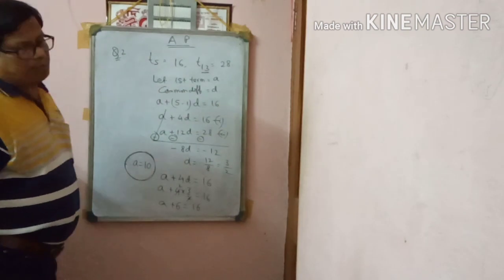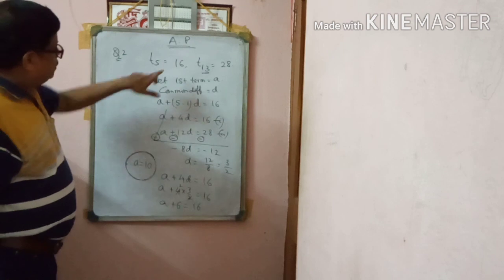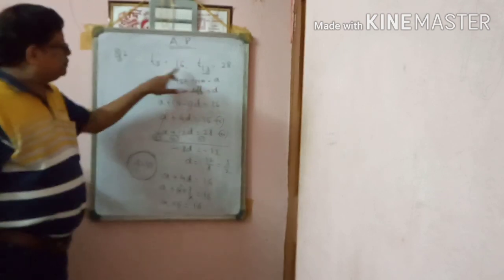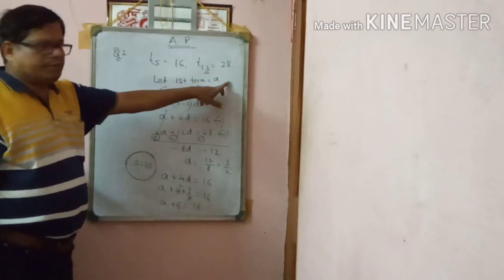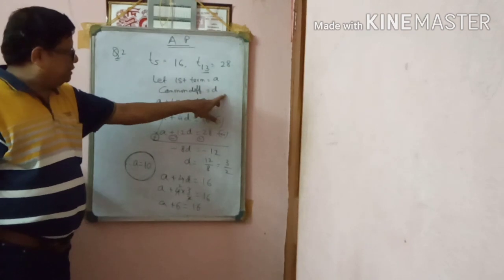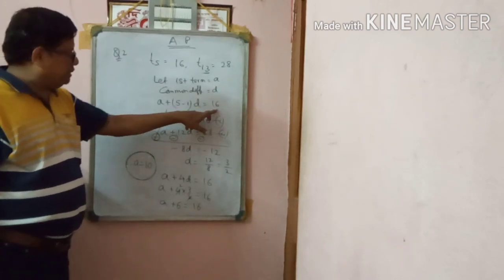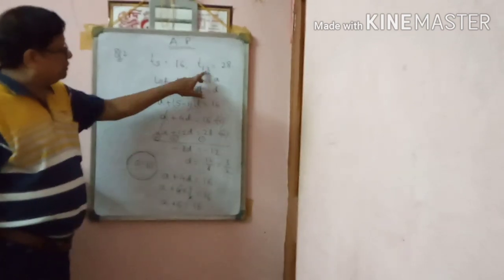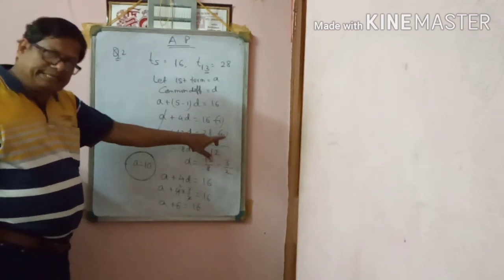This type of sum you have to solve in this process. Again I am reminding you: T5 is given and T13 is given. So A plus 4D equal to 16 and A plus 12D equal to 28.